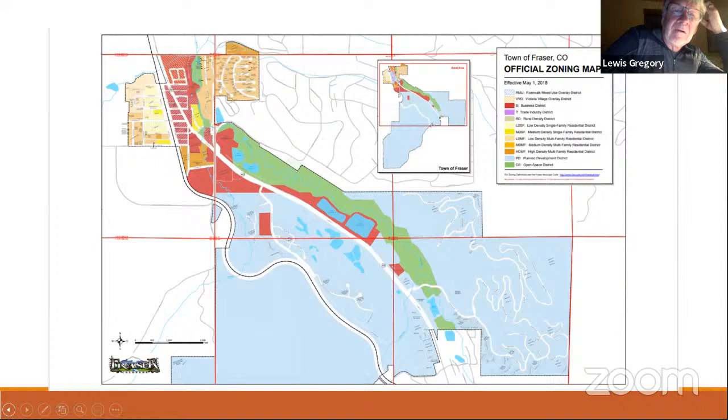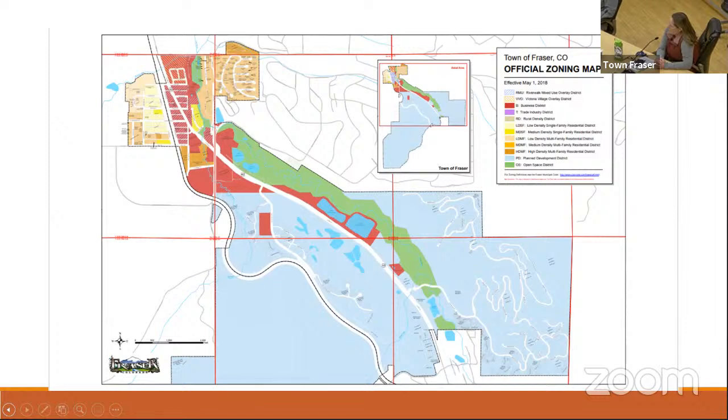It had a similar zoning in the county, and then it was annexed into the town of Fraser, and the owner wanted a like zoning when it came into the town.